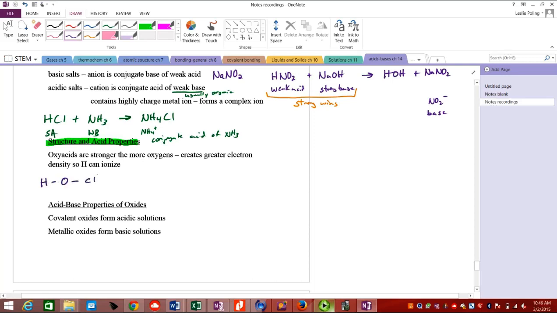So here is the structure of HClO4. And HClO3. And HClO2.